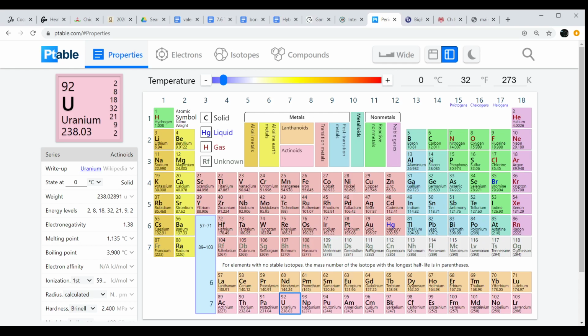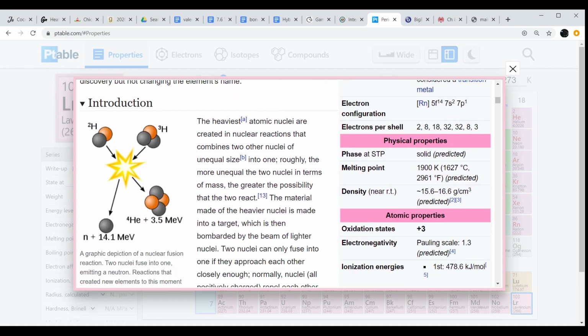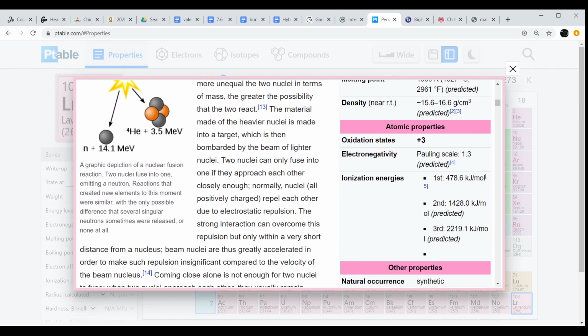Okay. The only issue that I have with giving you any of these oxidation states is, for instance, lawrencium. You're never going to encounter lawrencium because it's so rare. Here it even says that it has +3, but we don't even know if we can get something else. Lawrencium exists at such a rarity that we're never going to be able to test to see what all the different oxidation states are.